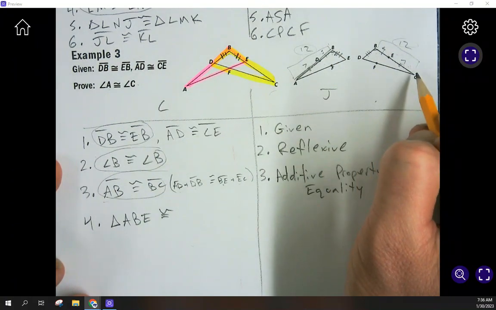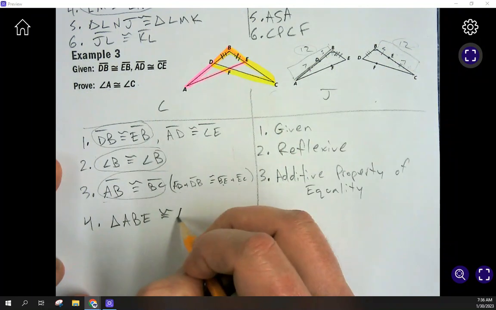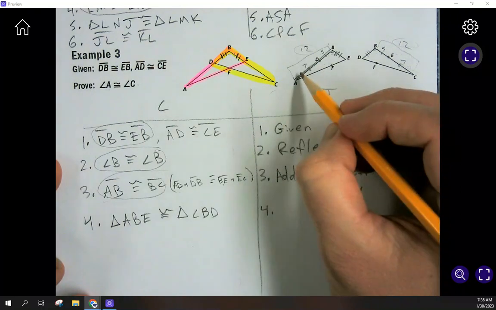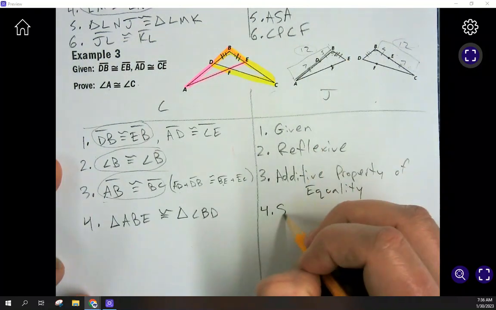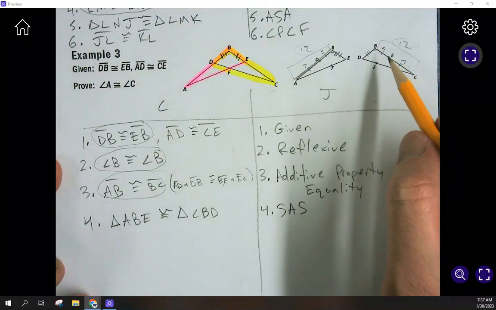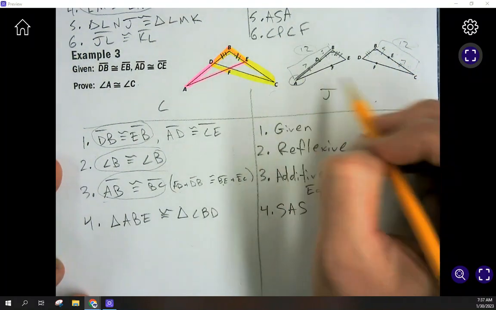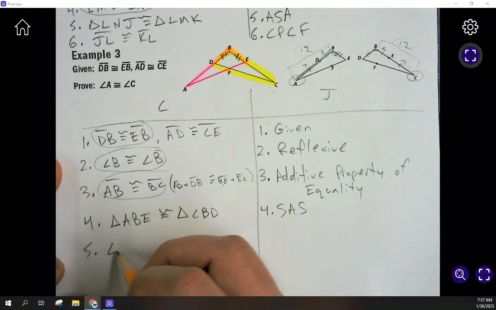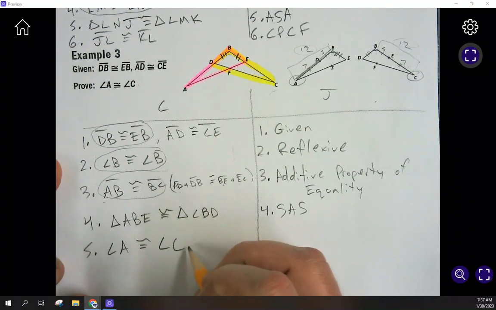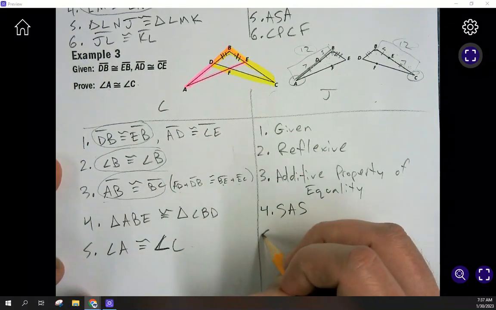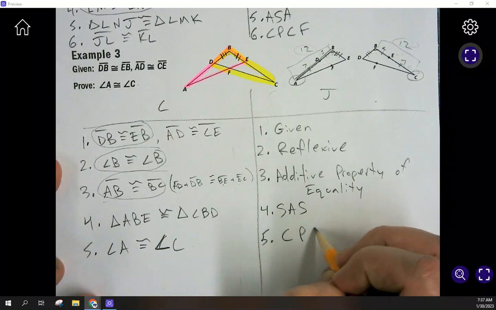So this has to be CBD. We did this by side, angle, side, SAS. And now that I know that this triangle is congruent to this one, I've proven it. Of course, angle A and angle C must also be congruent to each other. So angle A is congruent to angle C. Looks like CC there. And that is CPCTC.